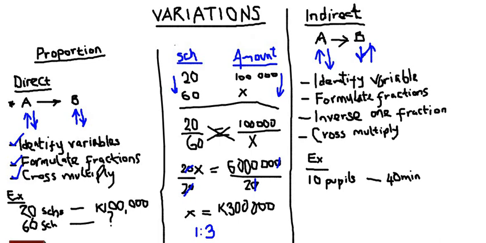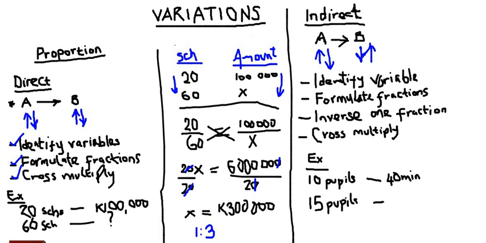Now, what happens if we increase the number of pupils from 10 to 15? And we assume that these pupils will all be working at the same rate. Then how much time should we expect them to spend cleaning the same room?